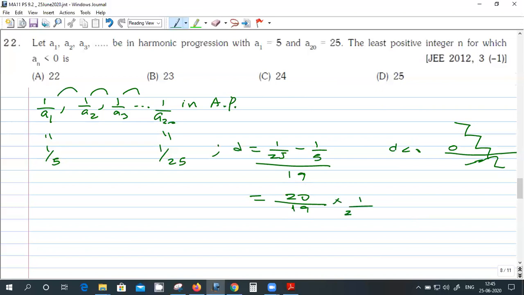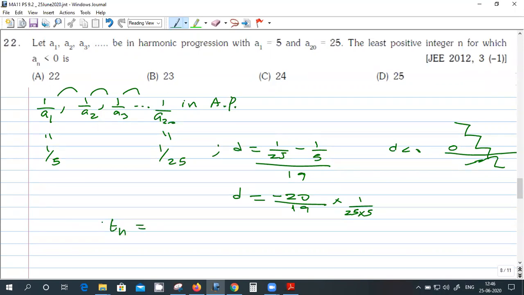That big number is there, no? 25 into 5, negative. 625. So 125. 25 into 125, 5 into 19 is okay. So some crazy number.